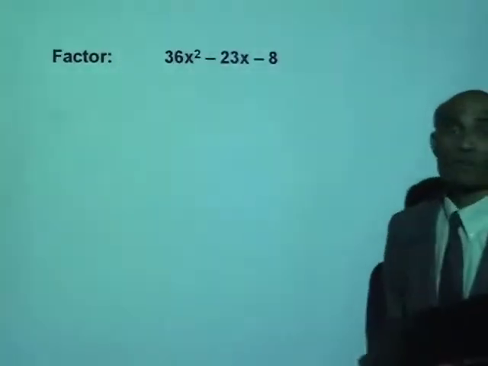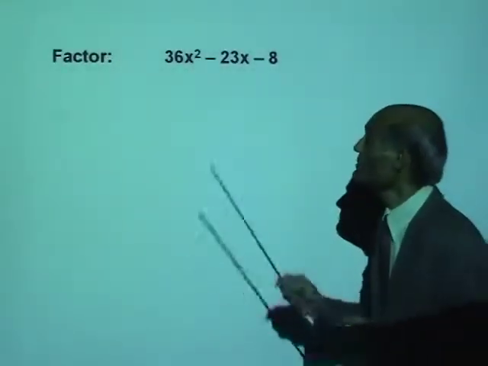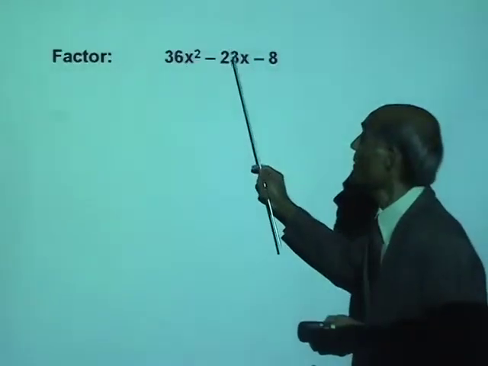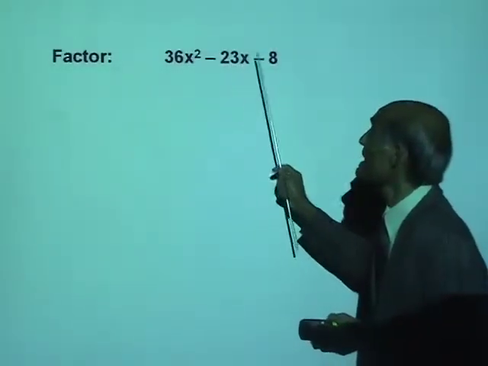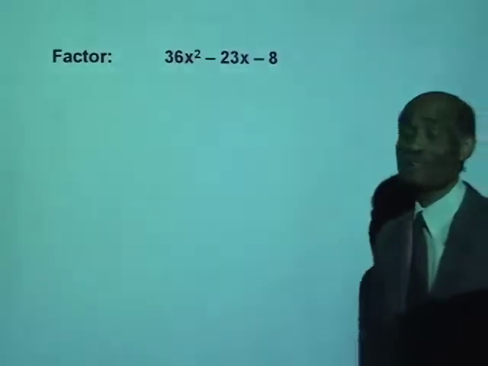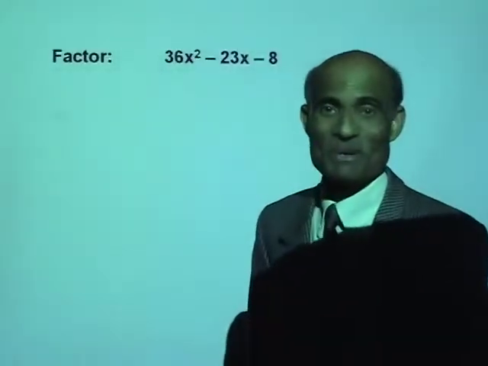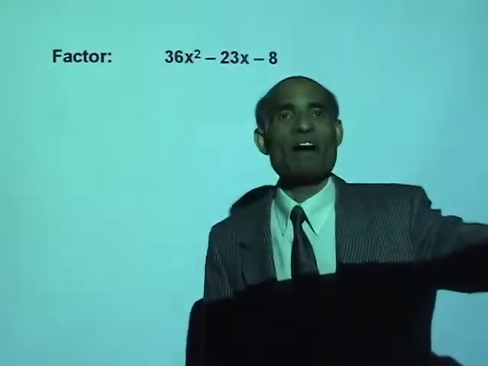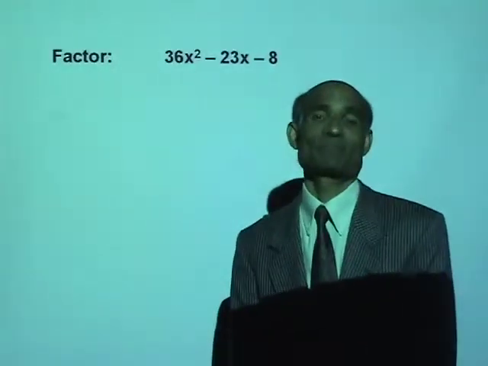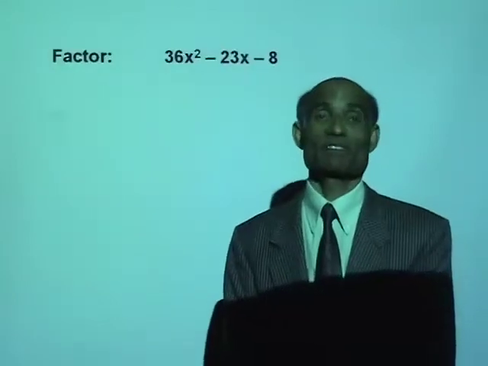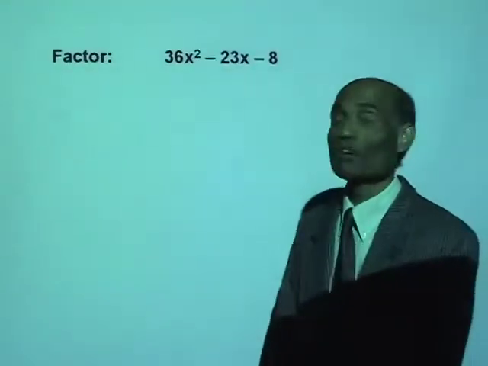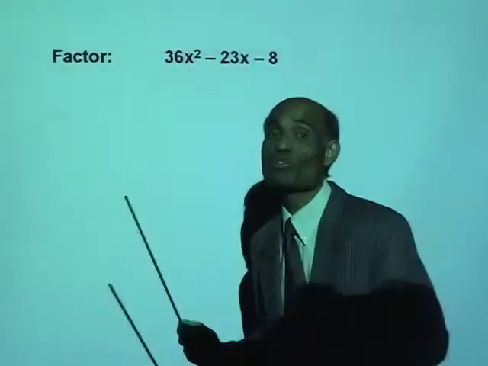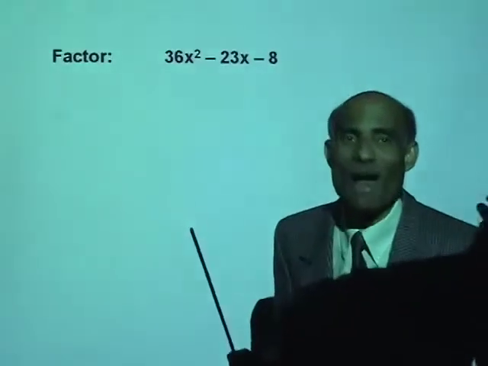Let's do another one. Factor 36x squared minus 23x minus 8. Well, this is slightly different from all the factoring we did so far. Why is it different? It is different because the coefficient of x squared is no longer 1.